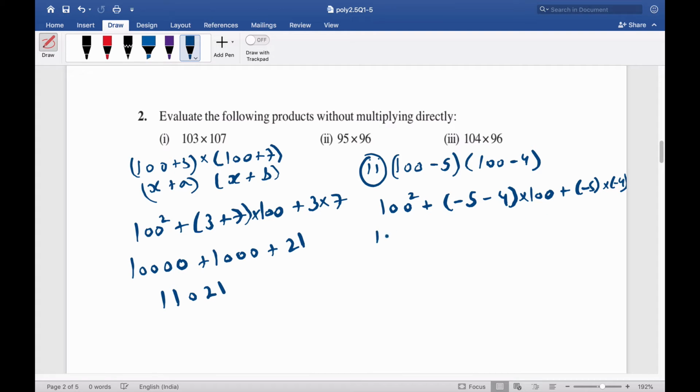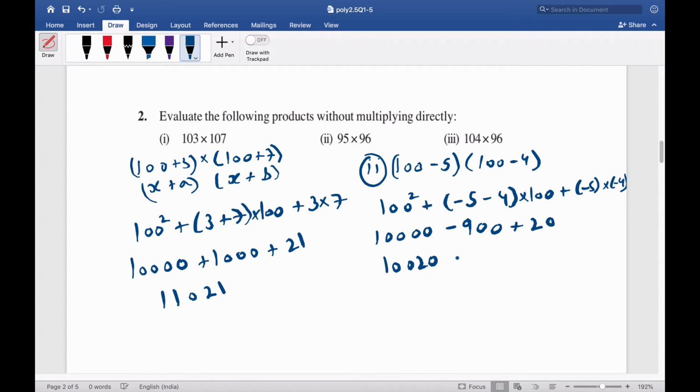So 100 square will give me 10,000. Minus and minus, so minus 900, and minus 5 into minus 4 will give me positive 20. So I can do it two ways. I can first subtract, or I can first add, whichever way you find easy. I find that addition is easier to do first.